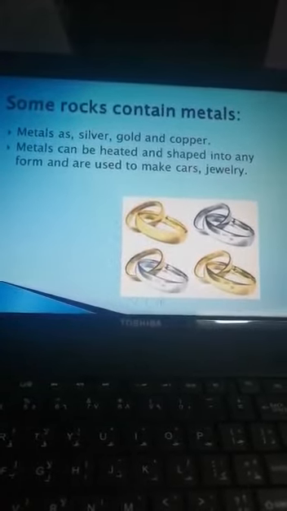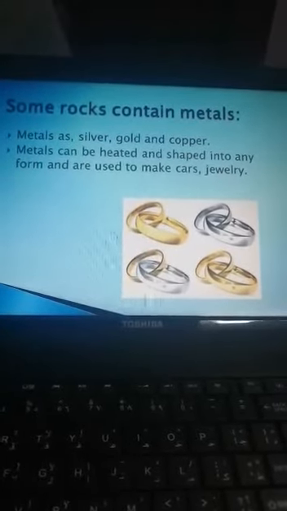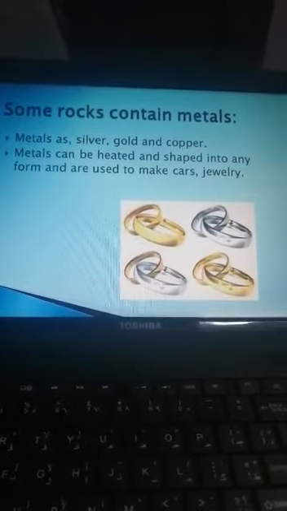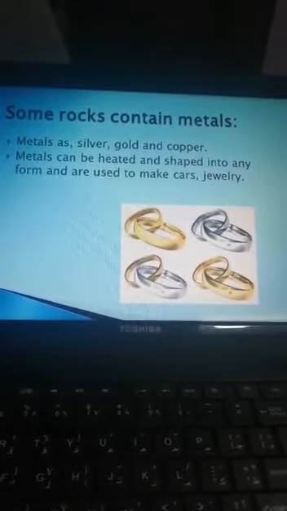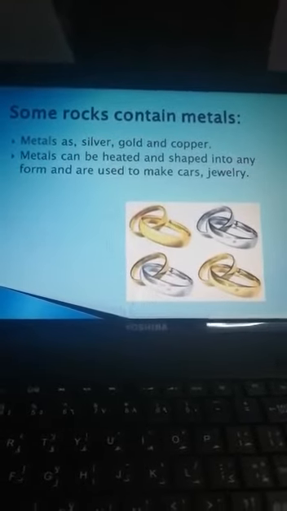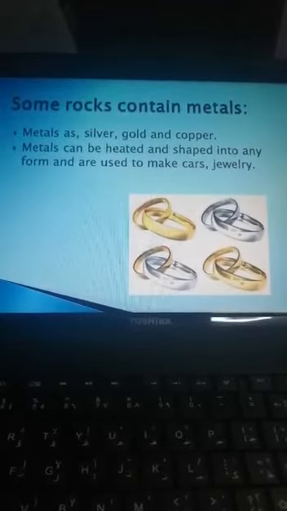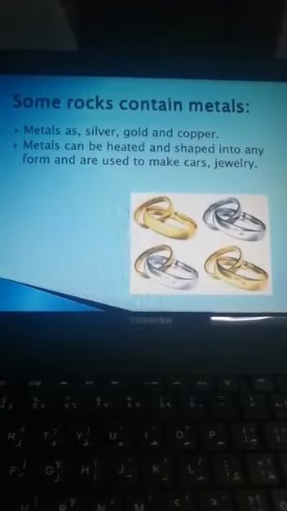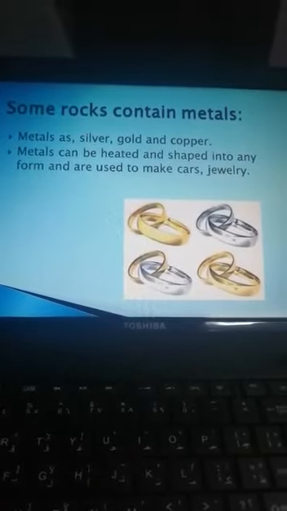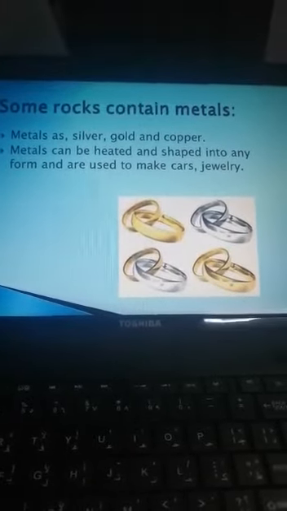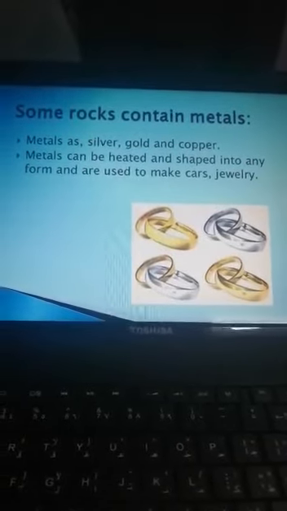So rocks contain metals such as gold, copper, and iron, which can be heated to make many shapes that are used to make cars and jewelry.